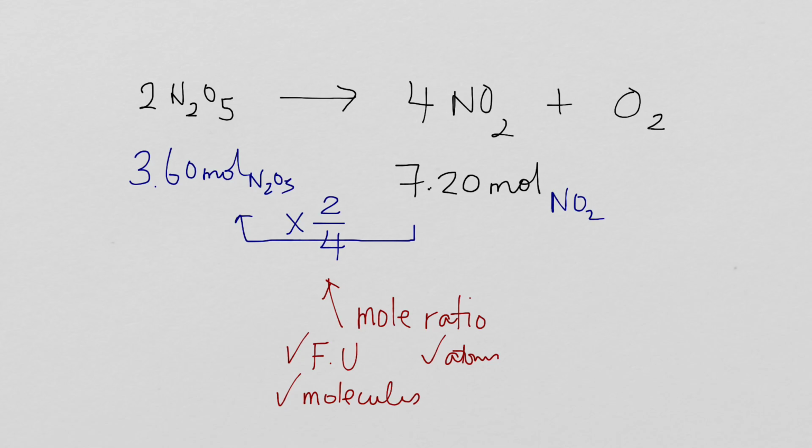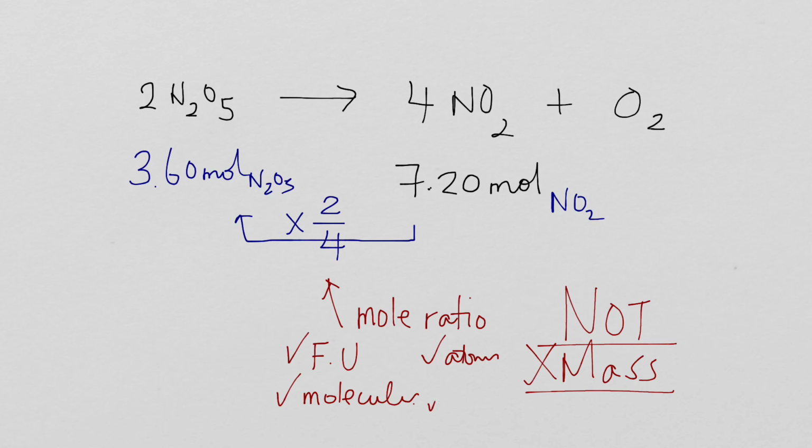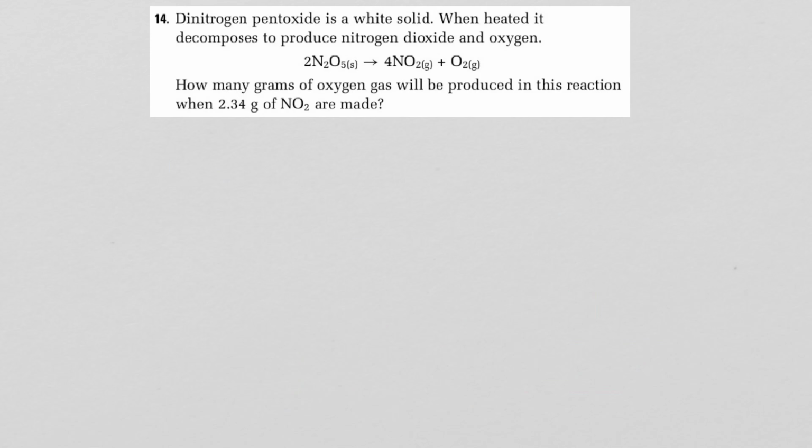But not mass. Not mass. Okay, so we'll work for quantities like molecules, atoms, and moles. Sorry, very important, moles. So these are all counting number of atoms, counting number of molecules, but not mass. So what do you do with mass?